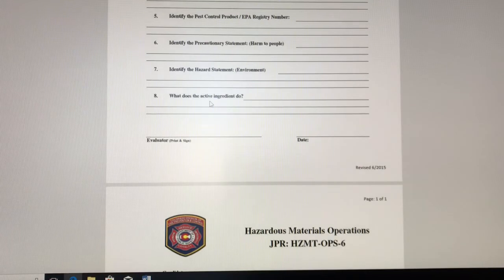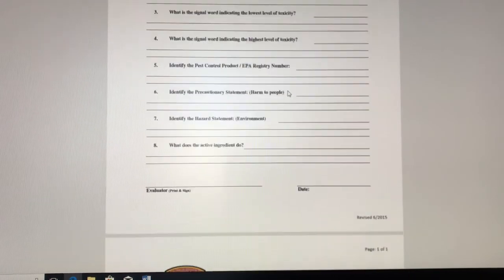It's further asking, what does the active ingredient do? And in a general sense, the active ingredient in a hazardous product is the ingredient that makes it work. In this case, it's a pesticide. It's what kills pests. You don't need to overthink it. You don't need to make it any more complicated than that. What does an active ingredient do? Well, the active ingredient in this product is sulfur, and its primary use is to kill pests.